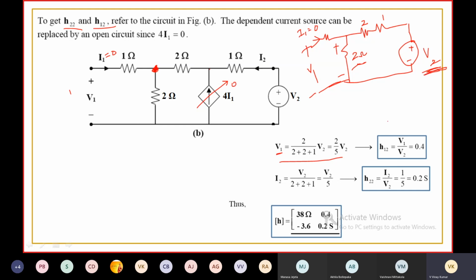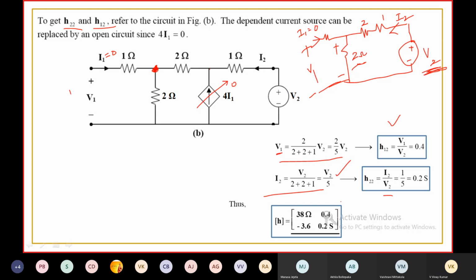Then you can get the ratio V1 to V2. Similarly you can find I2, the current flowing in this. V2 is equal to I2 into 2 plus 1 plus 2. Then I can get the ratio I2 to V2.